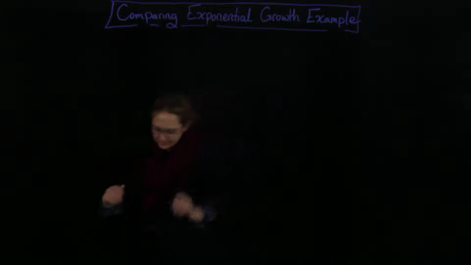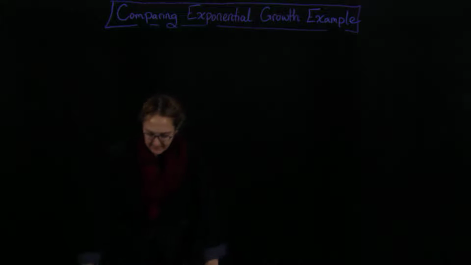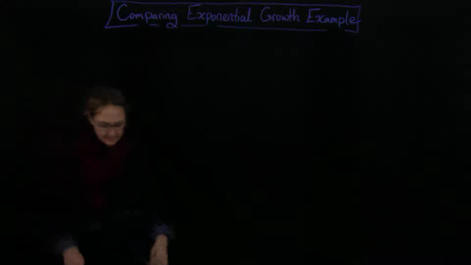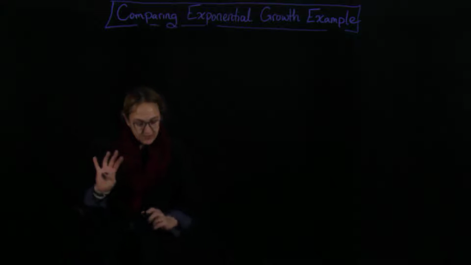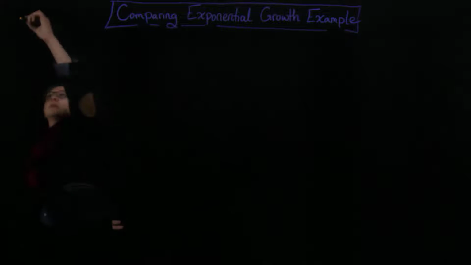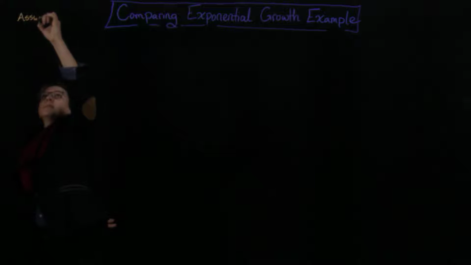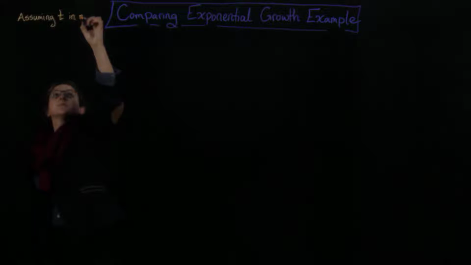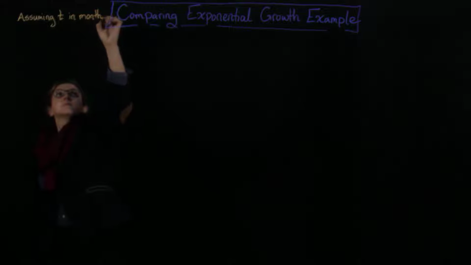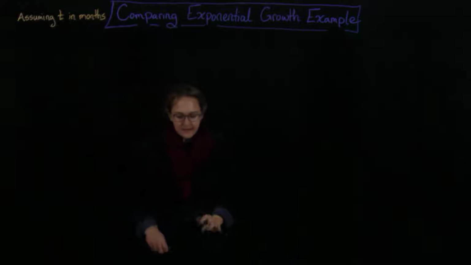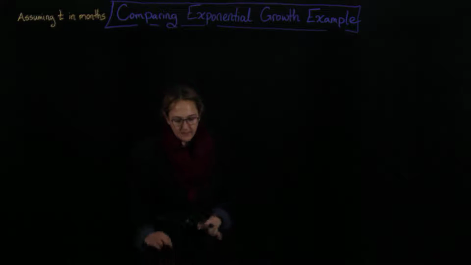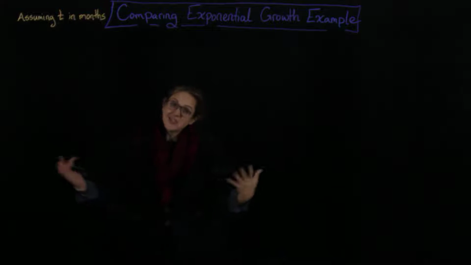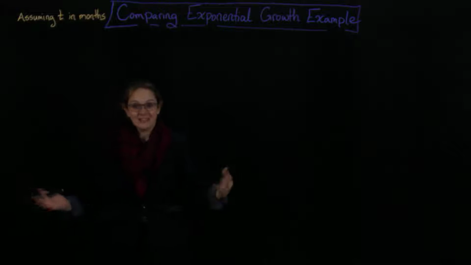Let's write down these little bits, just keeping track of the information. The first thing we're assuming is that T is in months. The other thing we're going to assume is that the wave started with one case, which, you know, actually there was an initial case.